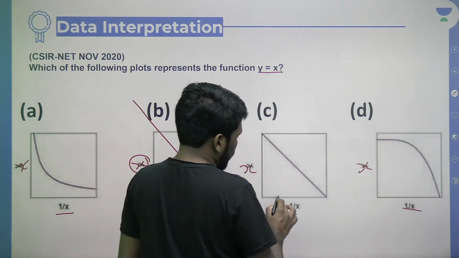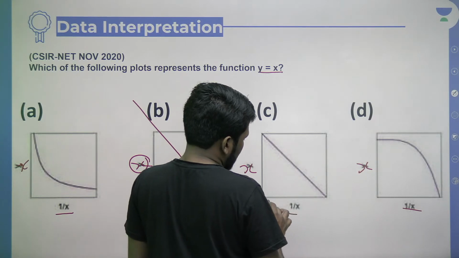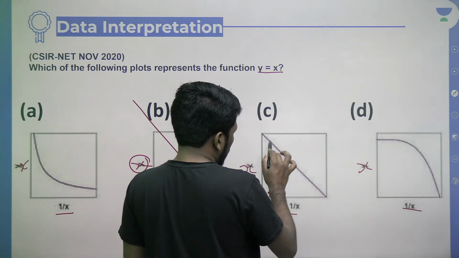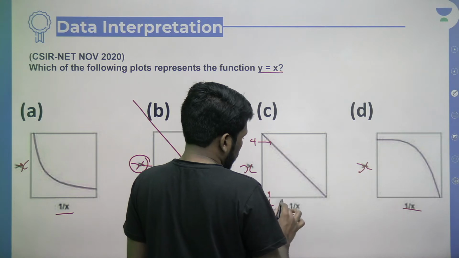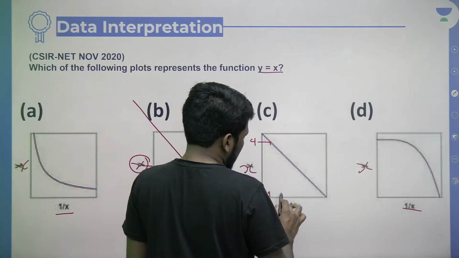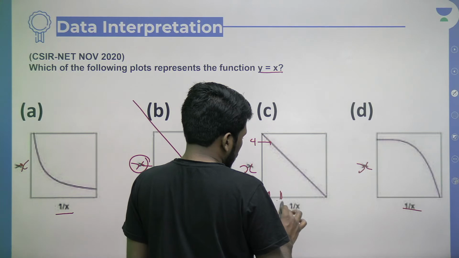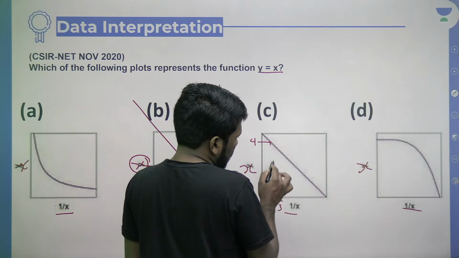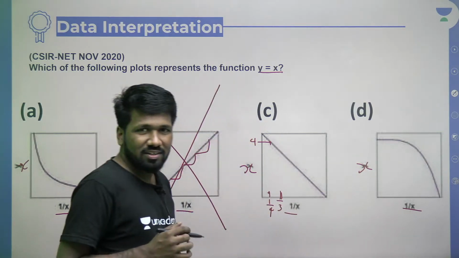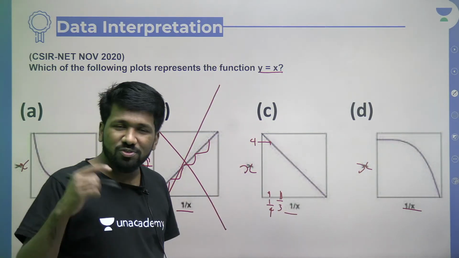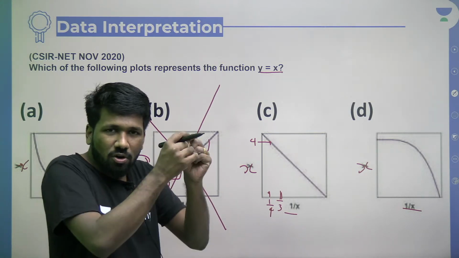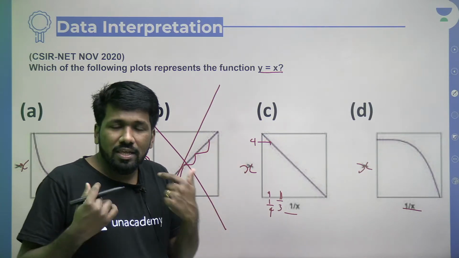And what about this? You can put some dummy values and verify this. If the value of 1 by x is 1 by 4, then the value of x should be 4, and if the value of 1 by x is 1 by 3, then x should be 3. But that curve is not visible. This is linear like that. The 1 by 4 and 1 by 3 differences are not the same, or that is not reducing in a linear fashion.